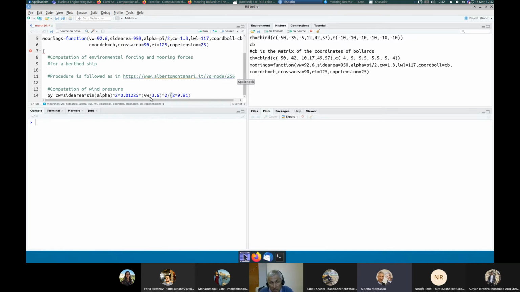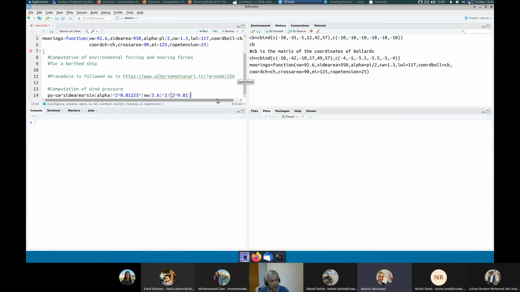So the velocity has to be given in meters per second, while 92.6 is kilometers per hour. So 3.6, again, is a conversion factor, which derives from 3,600, the seconds in an hour, divided by 1,000, the meters in a kilometer.